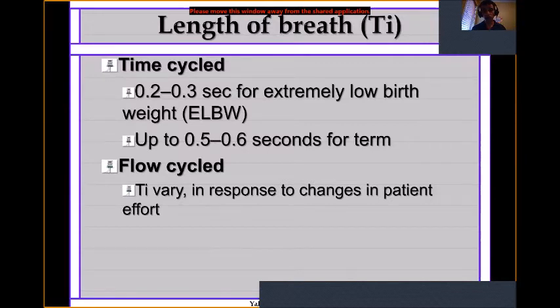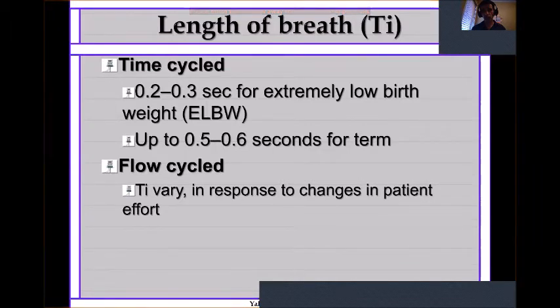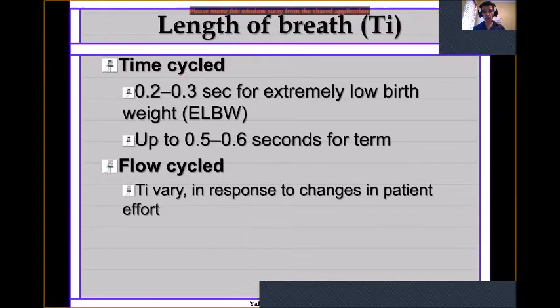The other way to determine the length of the breath or the inspiratory time is by flow cycle. When you put flow cycle, the breath size will vary depending on the patient response. So it's very important to remember that when you put it on flow cycle, it's patient derived, and it can increase the work of breathing on the patient.